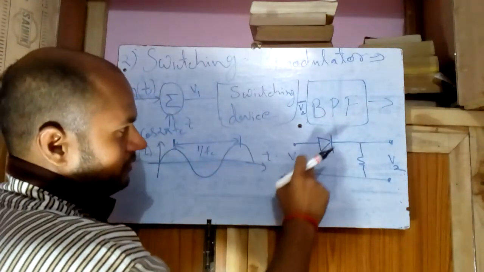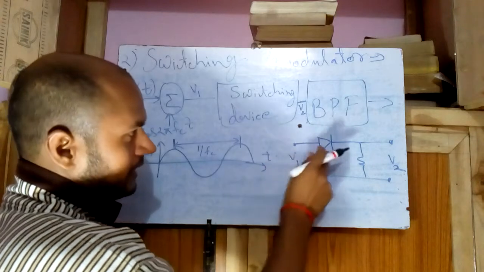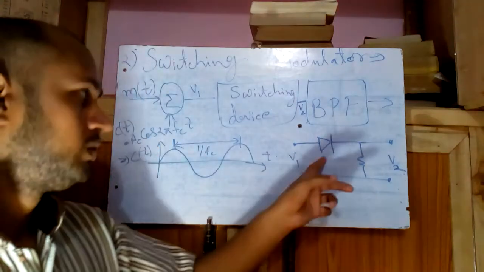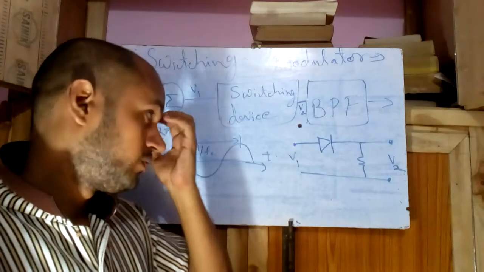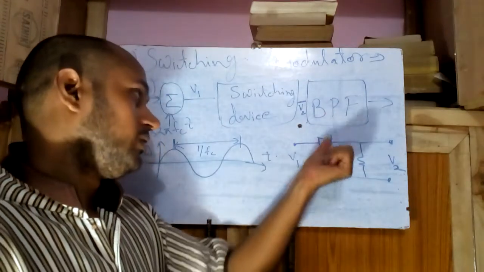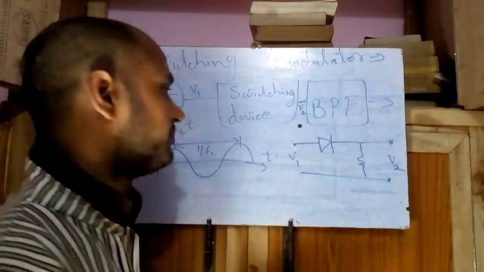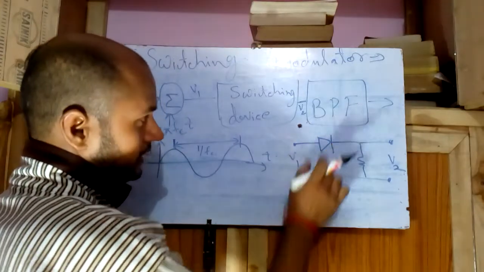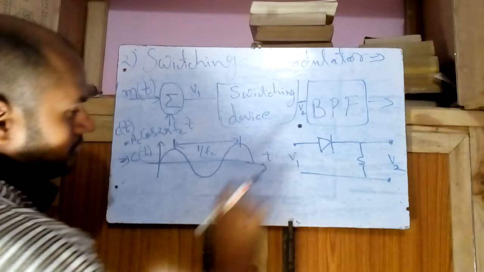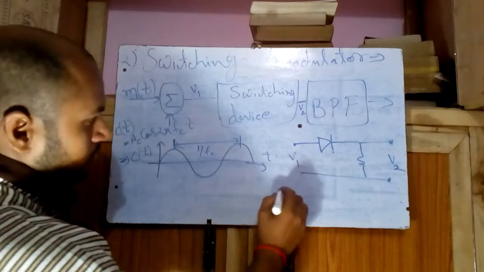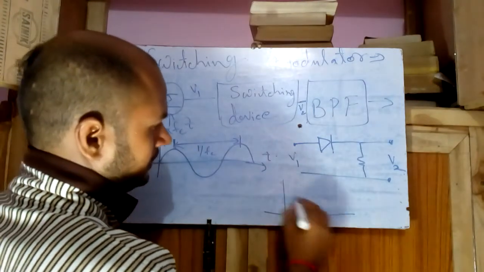And when V1 is less than 0, the ideal characteristic of the diode says that it will be in cutoff, right? It will be an open circuit. Open circuit means V2 will be 0. The circuit is broken from here.